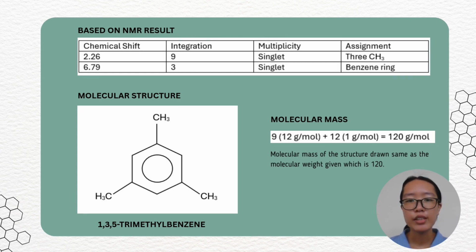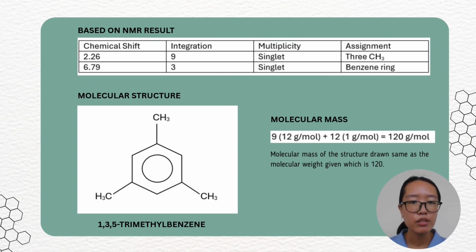And the integration of 9 shows that there are 3 CH3 present in the compound. The singlet shows that the methyl group may be bonded to an adjacent group which has no hydrogen atom, or it may be bonded to the benzene ring. So this peak indicates the 3 CH3 are present in the compound.